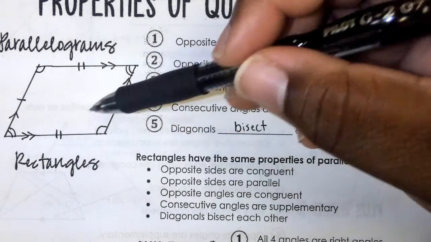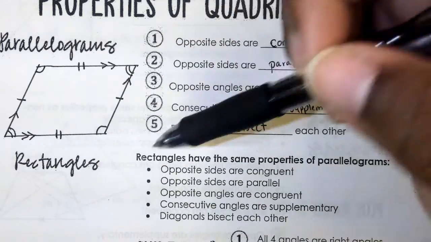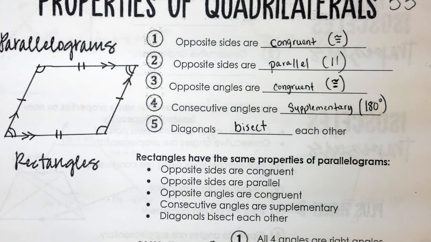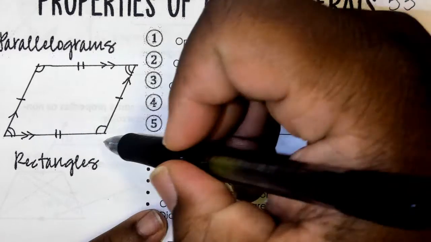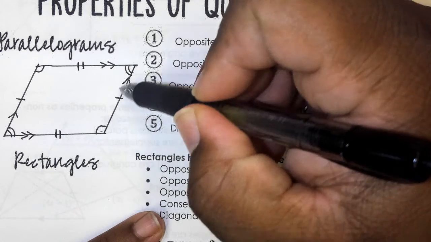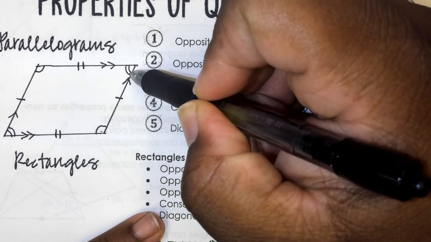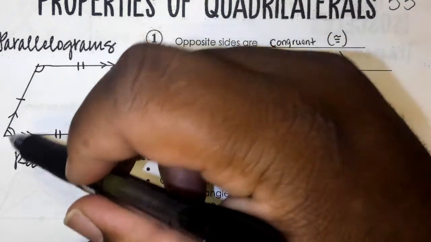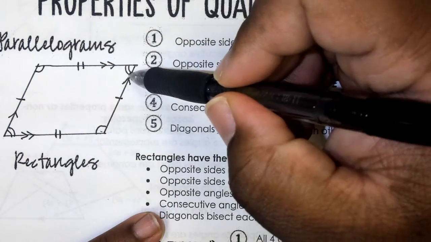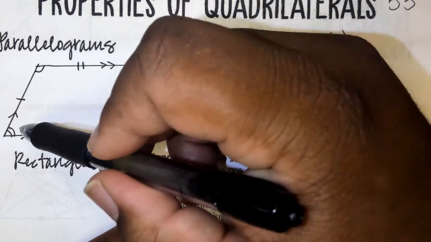Since we have parallel here and here and then here and here this way, you should start to remember the stuff we learned when we did parallel lines and transversals. Consecutive angles are the other word we used to use, the same side interior angles are supplementary. My consecutive angles will be here and here. If I'm looking at the parallel line this way, it'd be here and here as well. But also here and here and here and here.